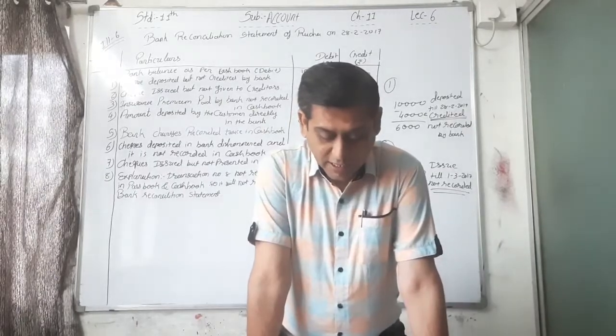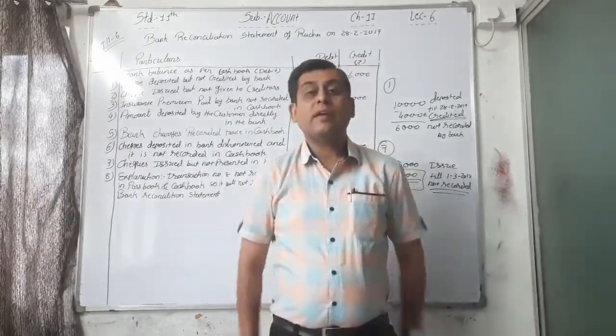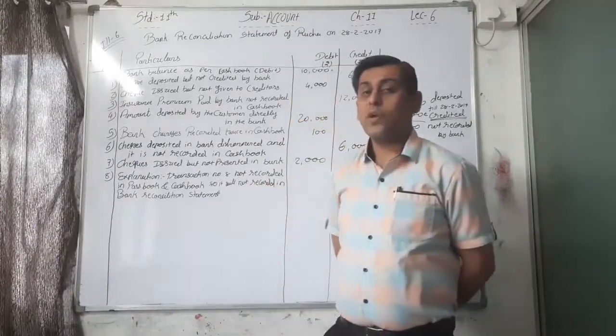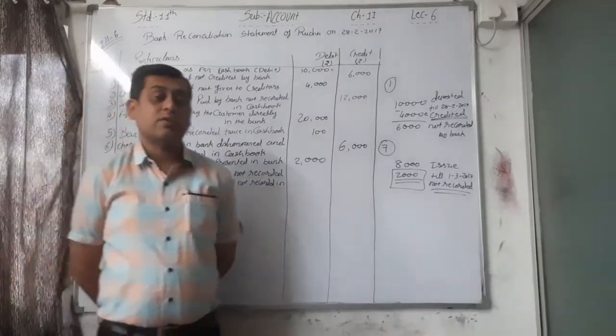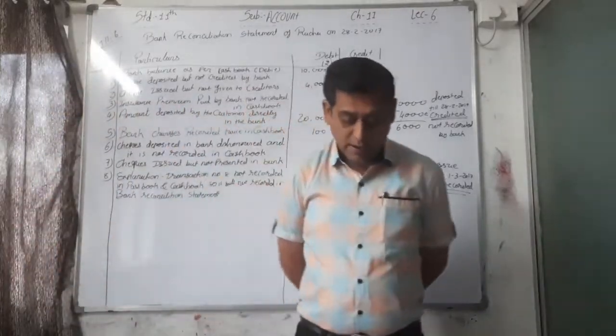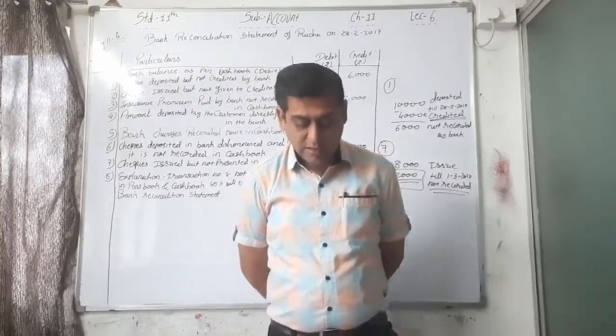Bank has credited rupees 200 for bank interest, right? Bank interest, bank credited. What do we have to do? Not recorded in the cash book, bank credited. So just do the reverse. We have to debit it. So write down interest credited by bank but not recorded in cash book.